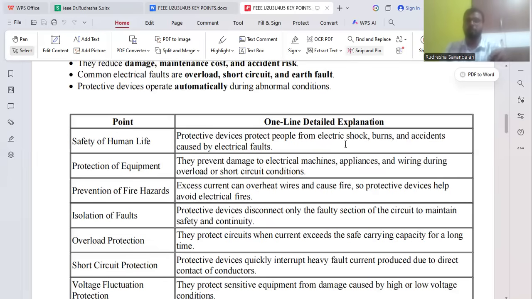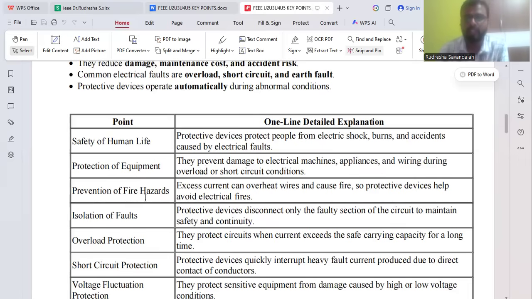Protection of equipment: they prevent damage to electrical machines, appliances, and wiring during overload or short circuit conditions.